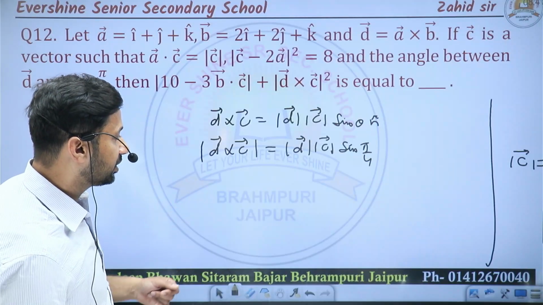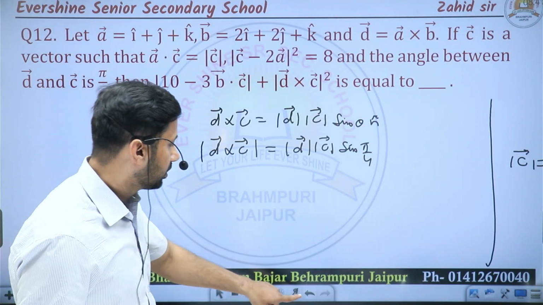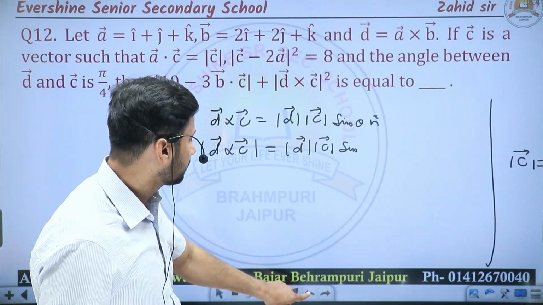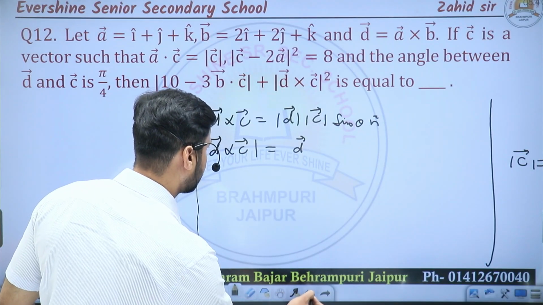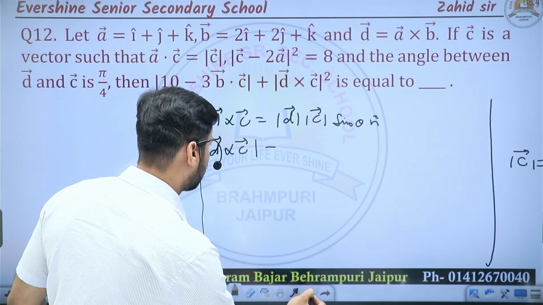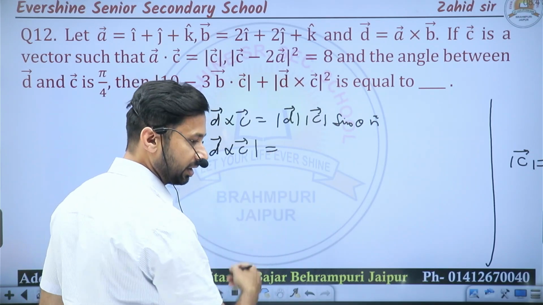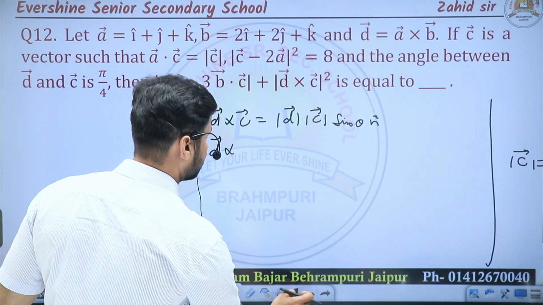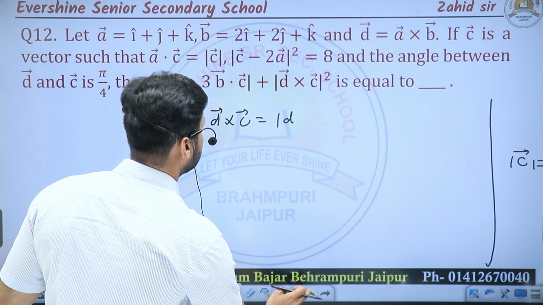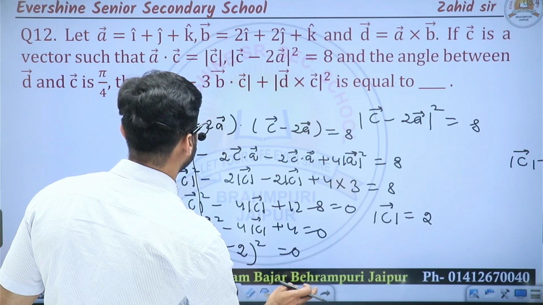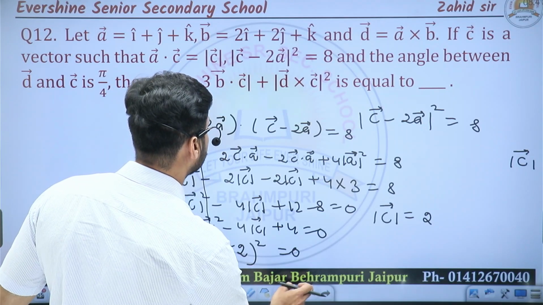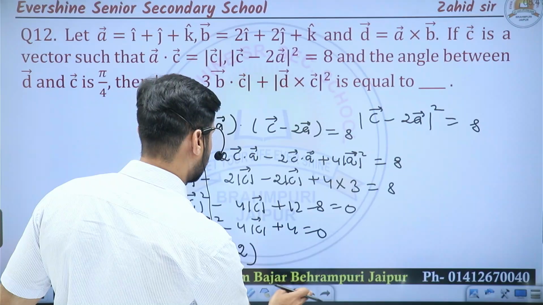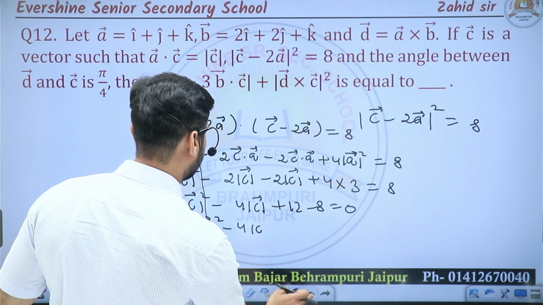So first we have to see the value of magnitude of D. The value of D we found in the previous part.